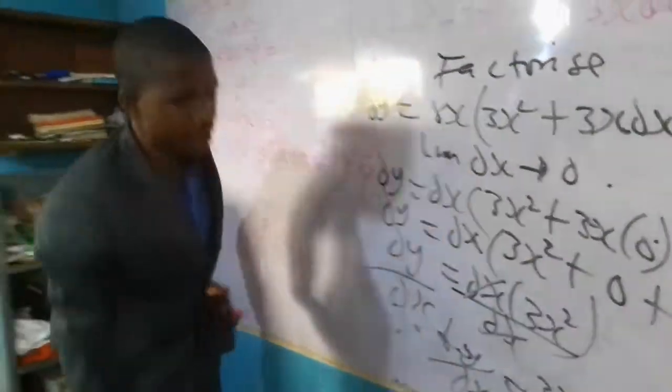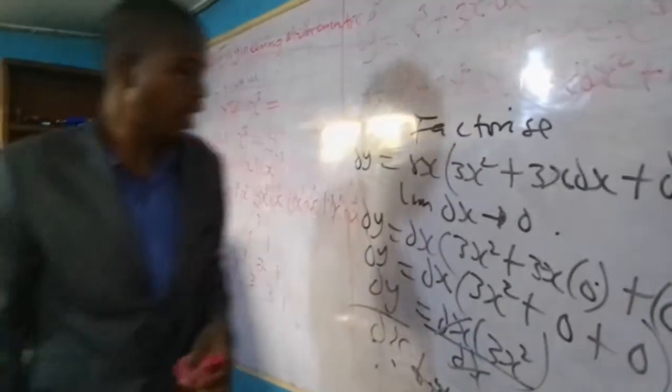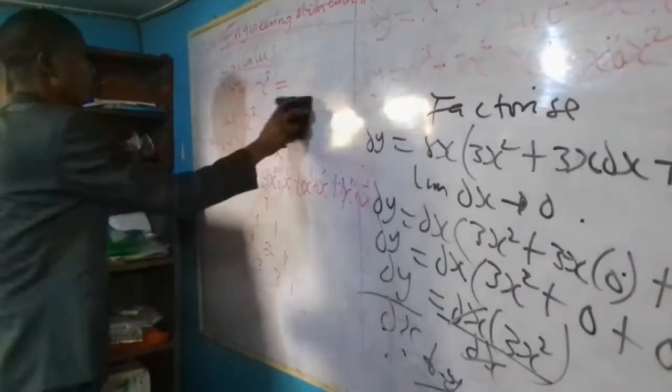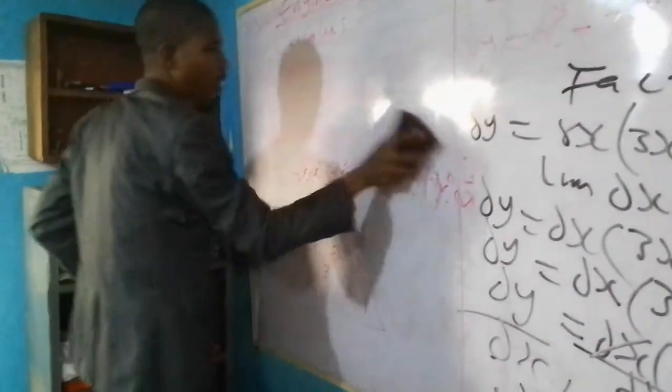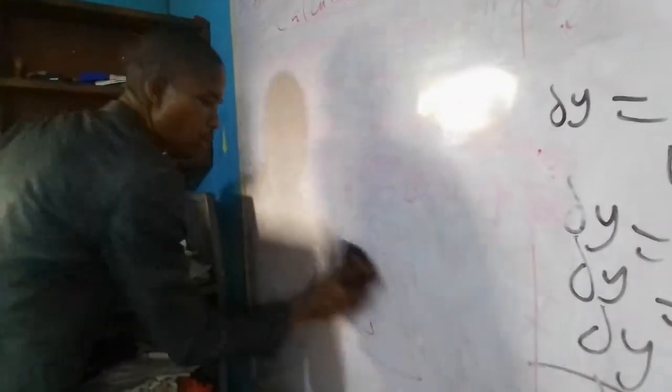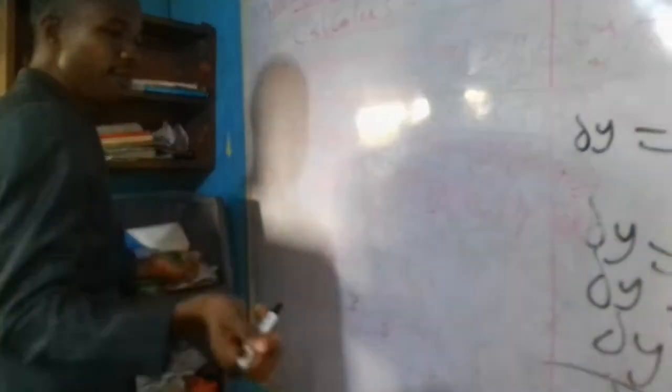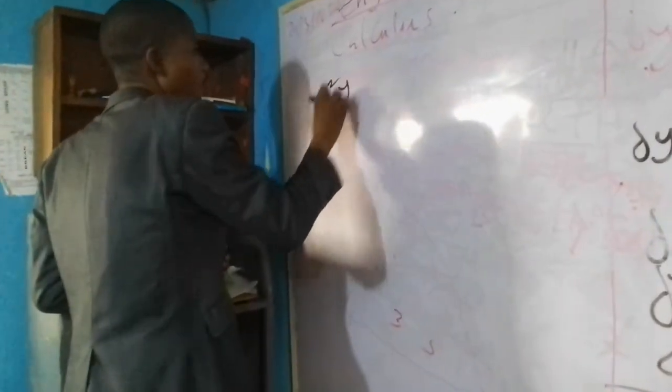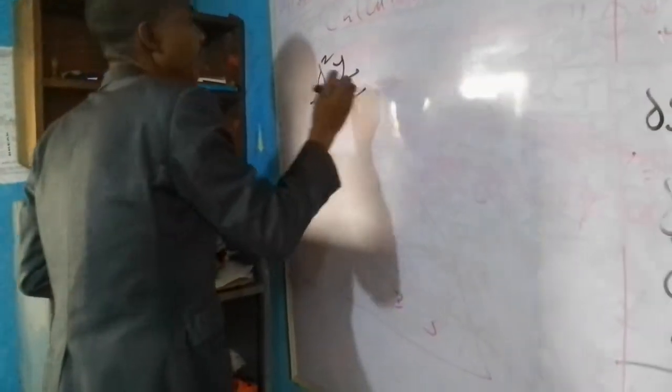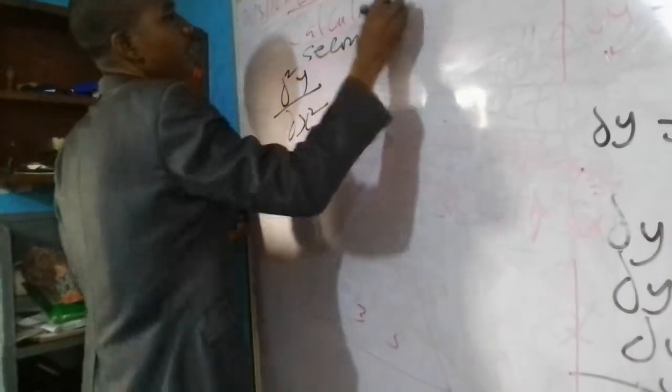This is the first principle. This is the first derivative. If you want the second derivative, we differentiate again. That is d squared y over dx squared, what we call the second derivative.